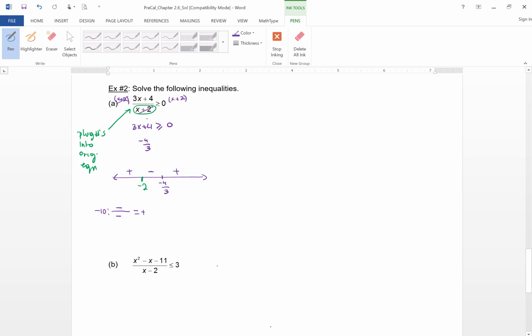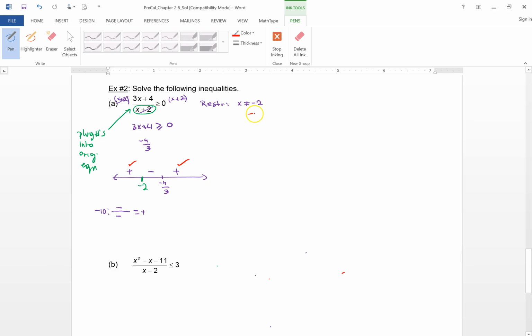Okay. Now, I needed this to be greater than or equal to 0. Are there any restrictions here? X cannot be -2. Now, where is the graph positive? Because I want the positive values. Here and here, right?